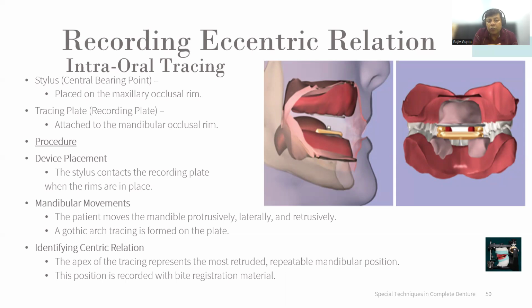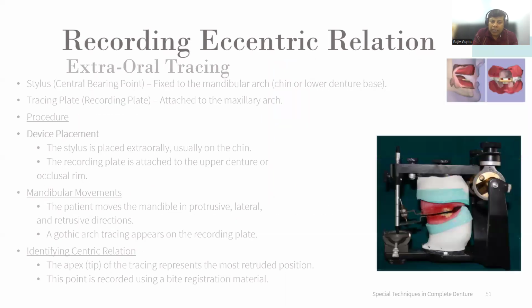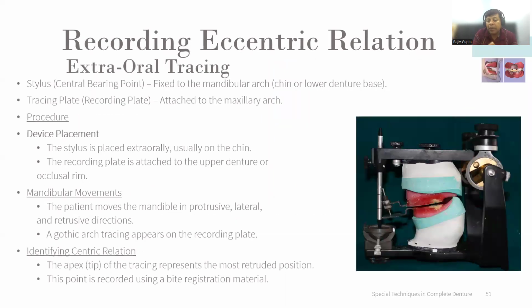The main advantage of intraoral tracers compared to extraoral tracers is that the tracing is closer to the TMJ, so it is more accurate. The other method is extraoral tracing, and its main advantage over intraoral tracers is that when the patient is doing the movements, you can actually see on the extraoral tracer how the movements are going on.